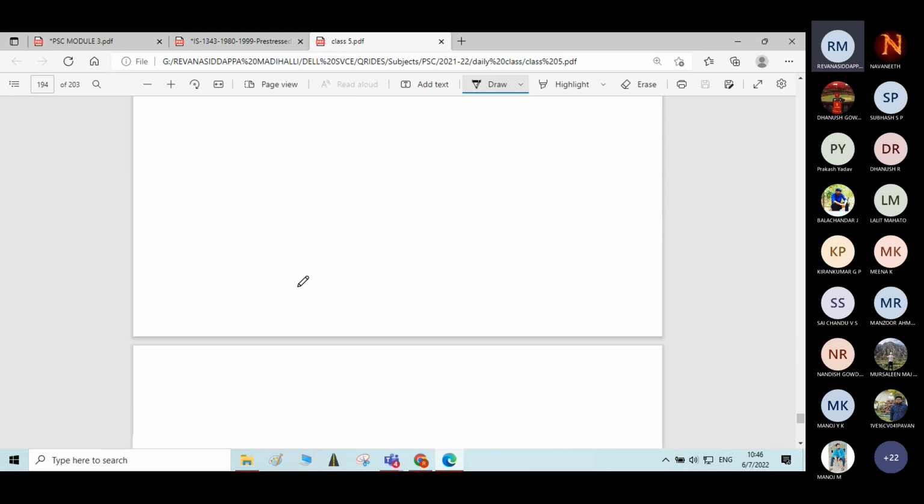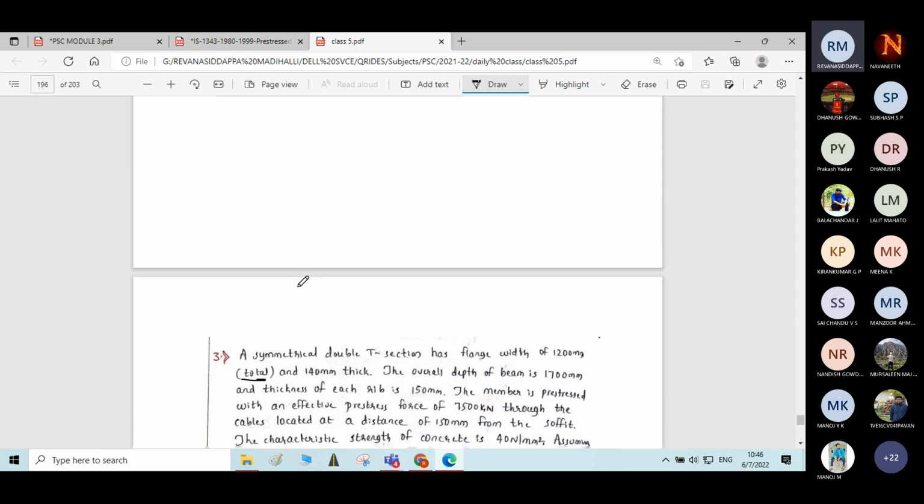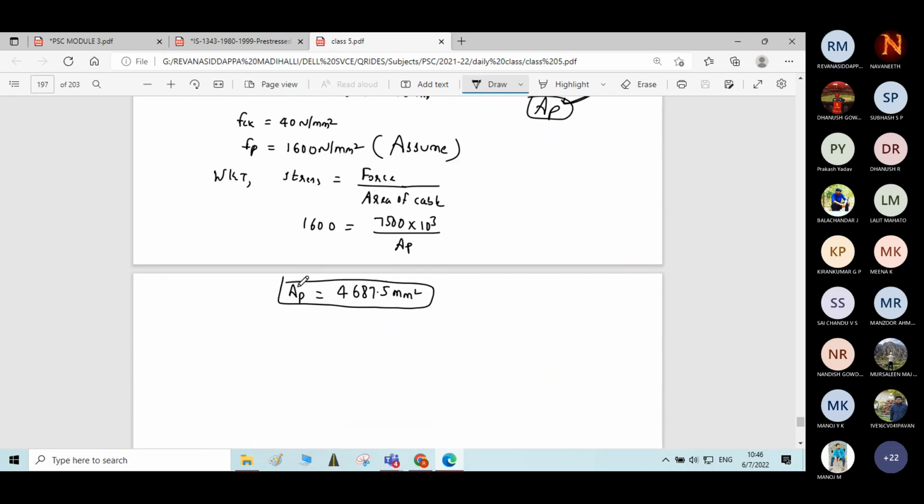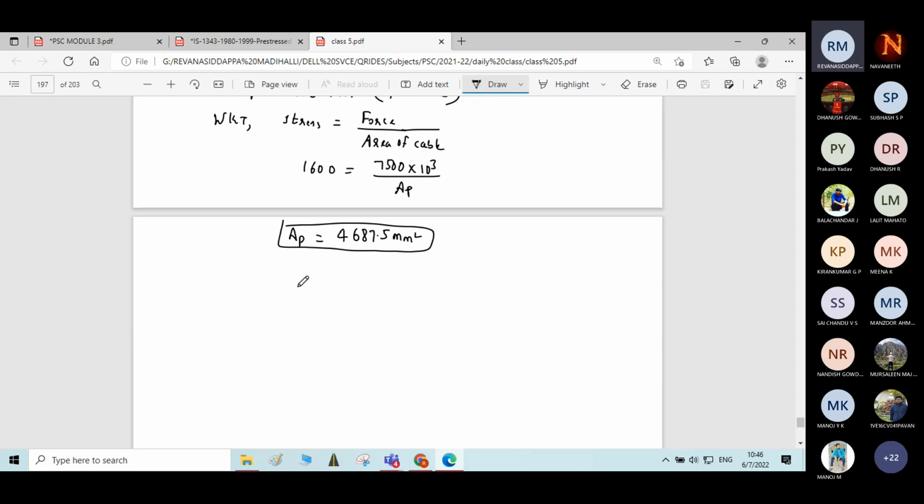So in this problem, I will directly assume the second case. If you want, you can assume the first case, that the depth of neutral axis lies within the flange. Then you can estimate the neutral axis and compare the xu value with Df. Definitely you will get xu greater than Df.